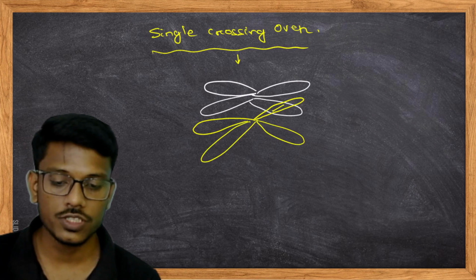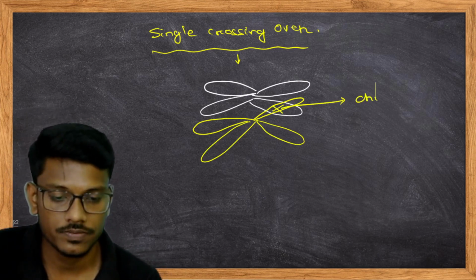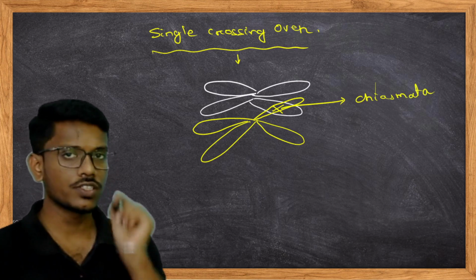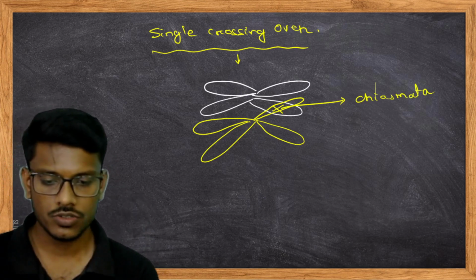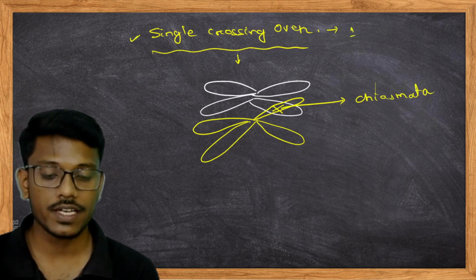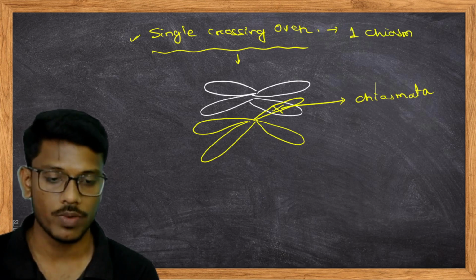This point of crossing over is known as what? Chiasma. How many chiasmata are formed here? Only a single chiasma is formed here. So this is called single crossing over. Only one chiasma will form between the non-sister chromatids.